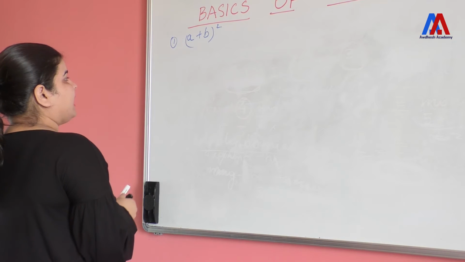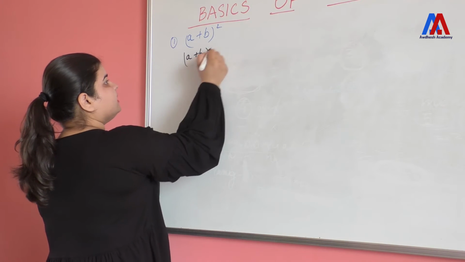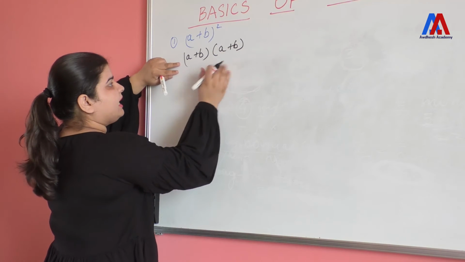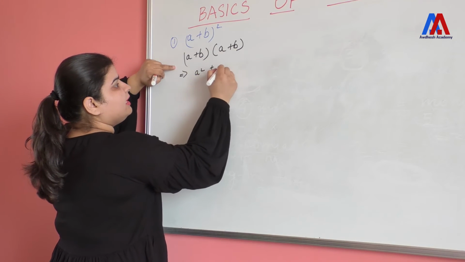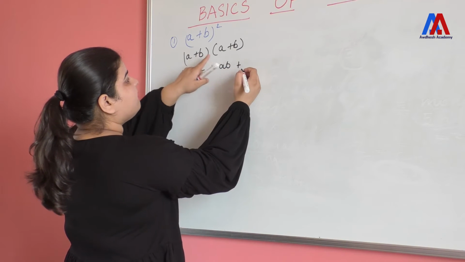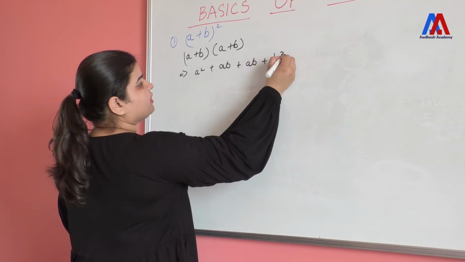Now this bracket can be written as (a + b)(a + b). If you multiply the brackets, you will get a² + ab. Now multiplying it by b, we will get ab and then b².